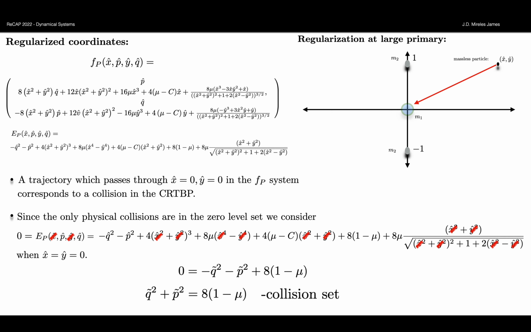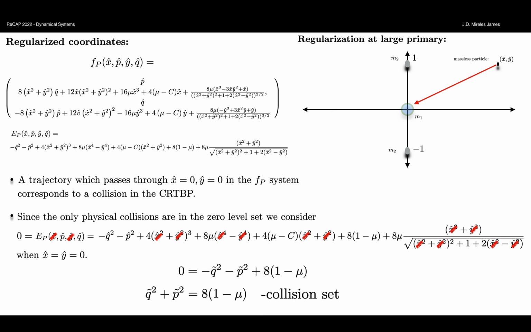I'm at 0 in the positions, but then I have a circle of velocities. Okay, so we know precisely what the orbits in the regularized coordinate systems are that correspond to collisions back in the original coordinates. In fact, we can just parameterize this, right? We can write down a simple parameterization of this circle in the regularized coordinates.